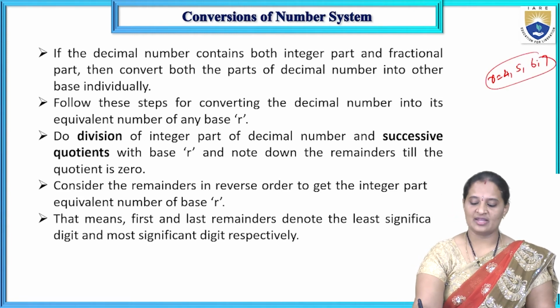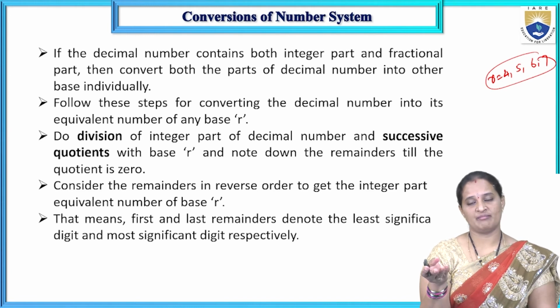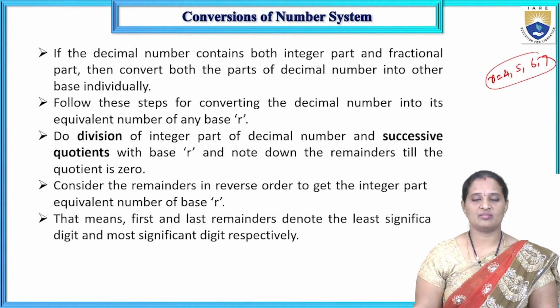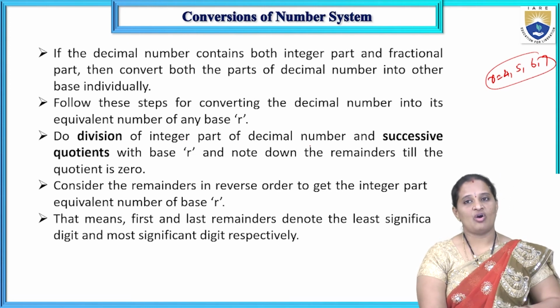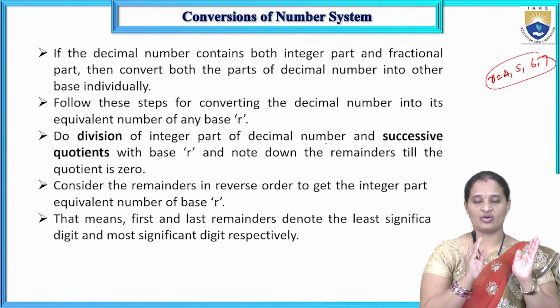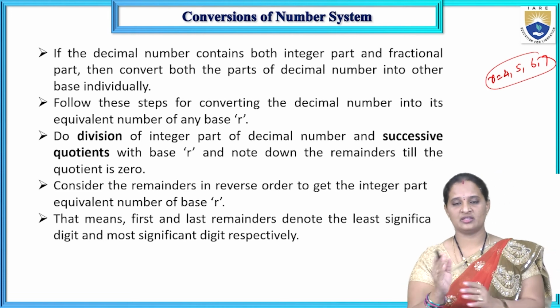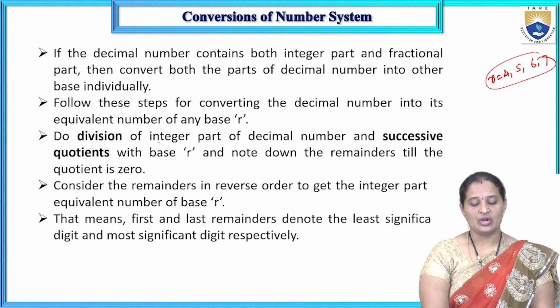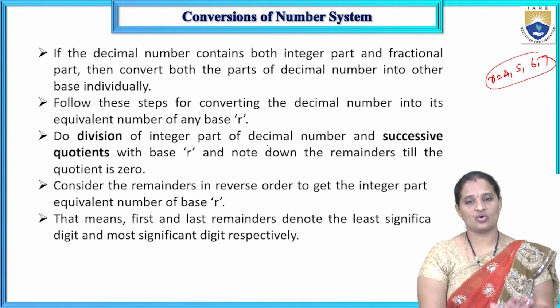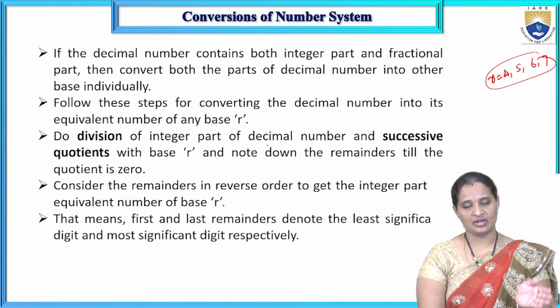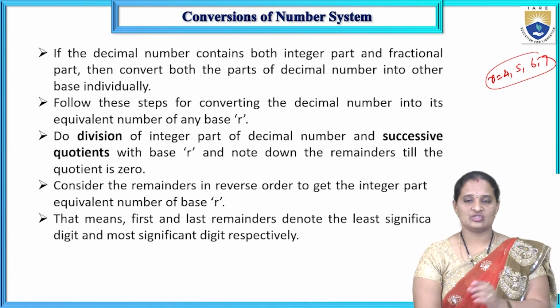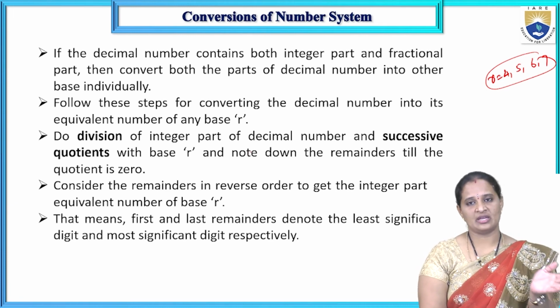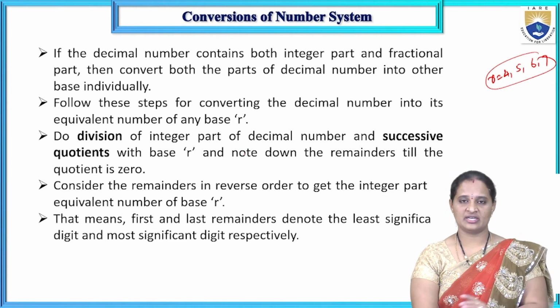Based on the radix, we have that many symbols, so that we can perform operations. Now, what is the procedure? Do the division of the integer part. Whenever you convert a decimal number into any base, the integer part should be converted separately and the fractional part should also be converted separately.